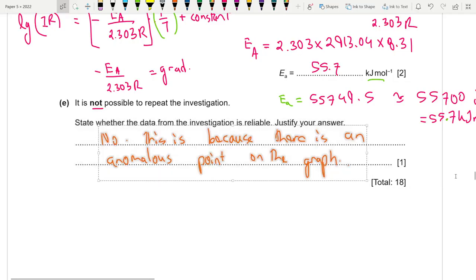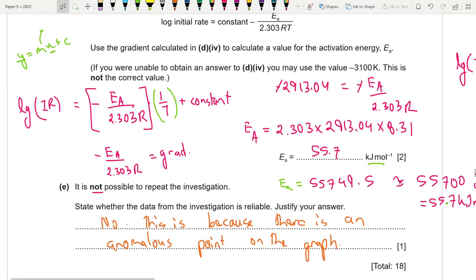So if you do find this question on your exam on the 7th, please do answer it according to the data given in the question, because this was not present before. If repetitions were present and if it passes through most of the points, it would have been reliable. However, here it's actually unreliable due to an anomaly being present as well as failure of repetitions.